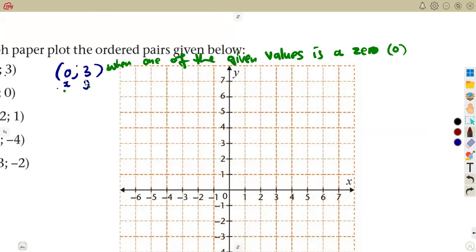So you ignore that one and mark the point on the other one that you are given. All right, that is the condition there.